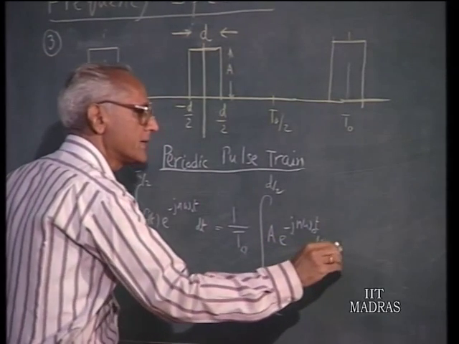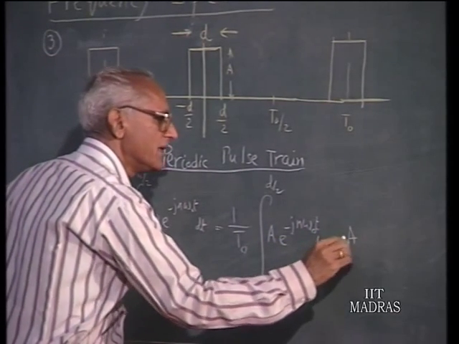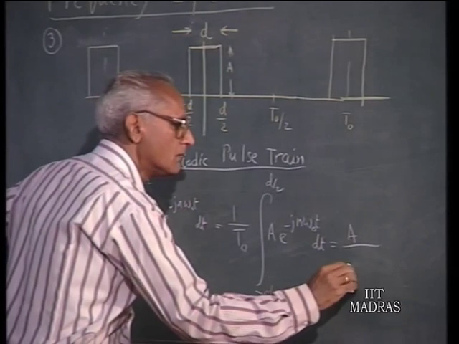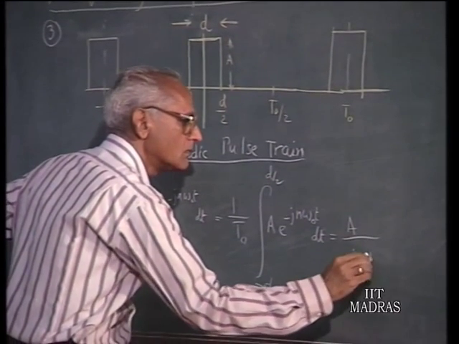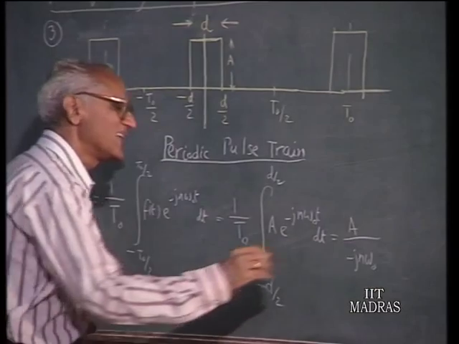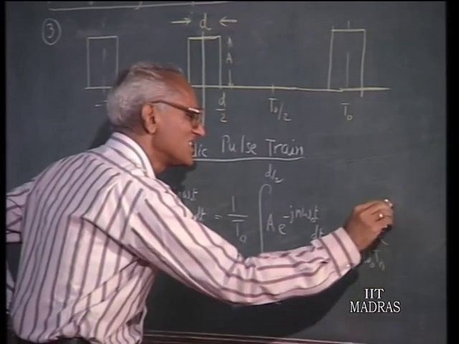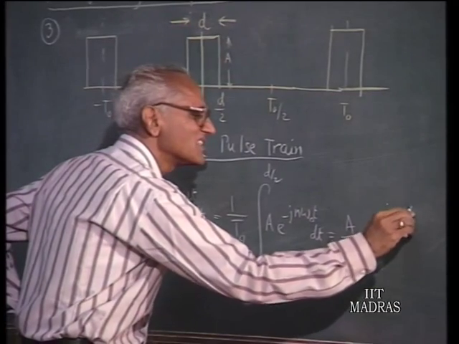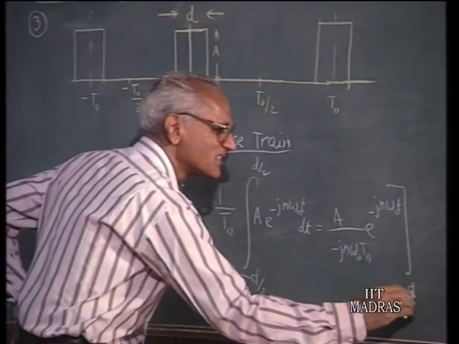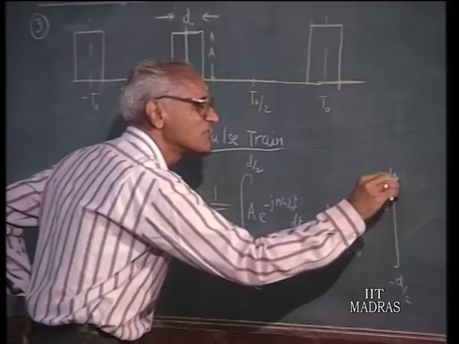And this can be written as A over minus j n omega naught T0, times e to the power of minus j n omega naught t, evaluated between the limits minus d upon 2 to plus d upon 2.